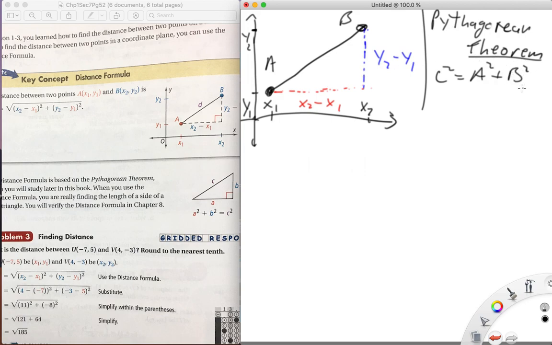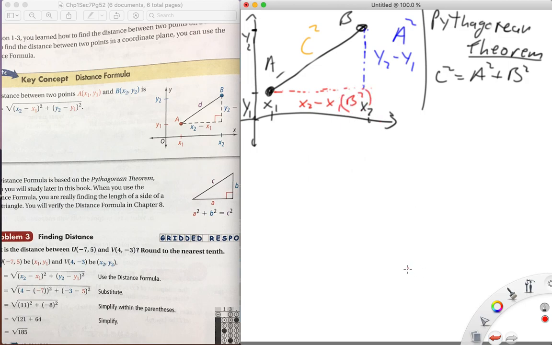Right? The sides of the triangle is equal to the hypotenuse. So this part here is my c squared. This part here would be like my a squared. And this part here would be my b squared.